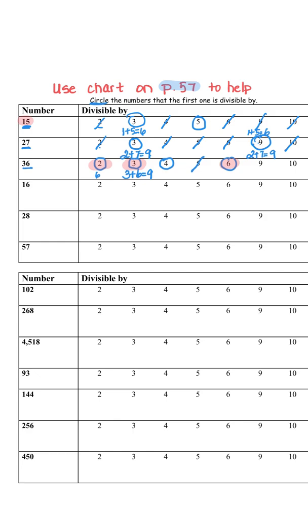From the chart on page 57. If I break it apart, 3 plus 6 equals 9. Is 9 divisible by 9? The answer is yes. And if you know your facts, you know that 4 times 9 is 36. So that's a yes also.